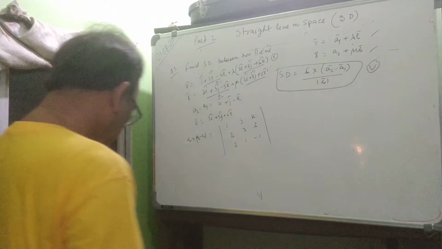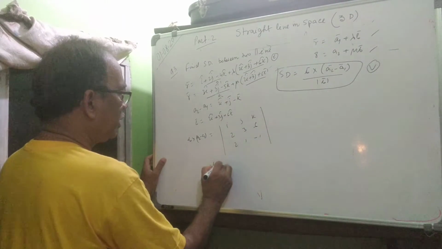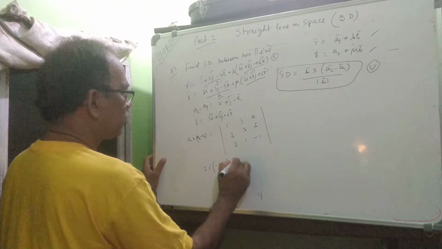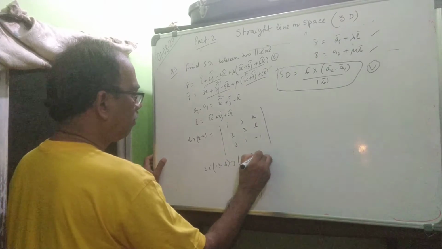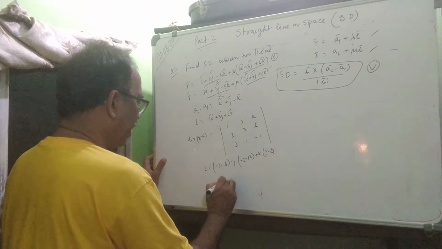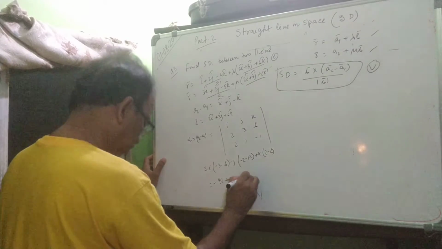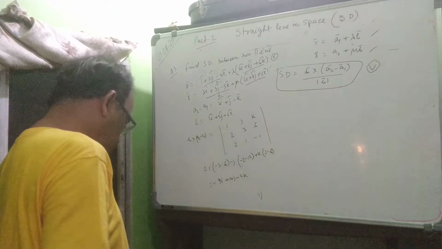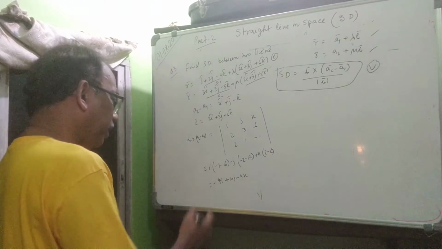That equals i times minus 3 minus 6, minus j times minus 2 minus 12, plus k times 2 minus 6. That is minus 9i plus 14j minus 4k.